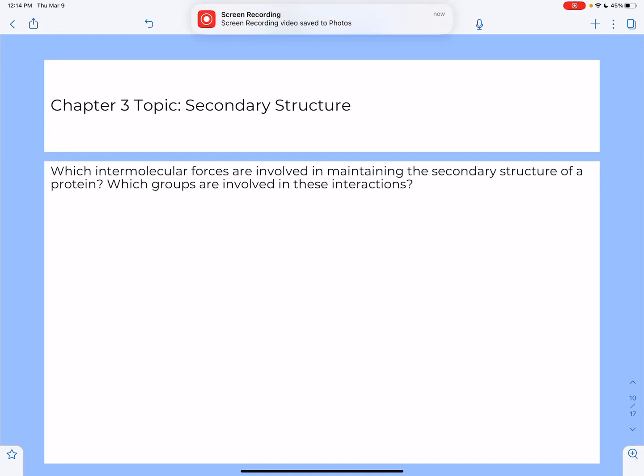Okay, so this is actually a chapter 4 topic, secondary structure. So which intermolecular forces are involved in maintaining the secondary structure of a protein, and which groups are involved? This is kind of a straight recall of concepts from our discussion of the hierarchical nature of protein structure.